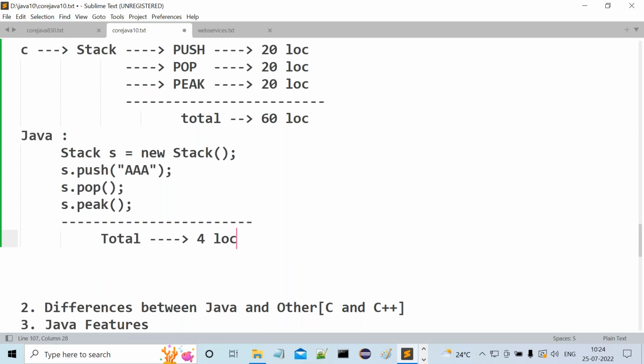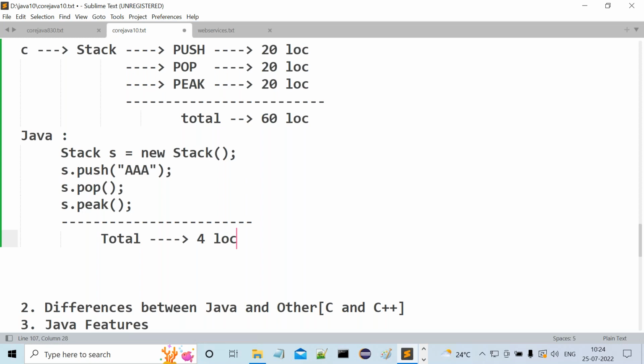If any programming language takes a more number of instructions to implement a particular requirement, then that programming language is called a loose coded programming language. Tight coded programming language and loose coded programming language.